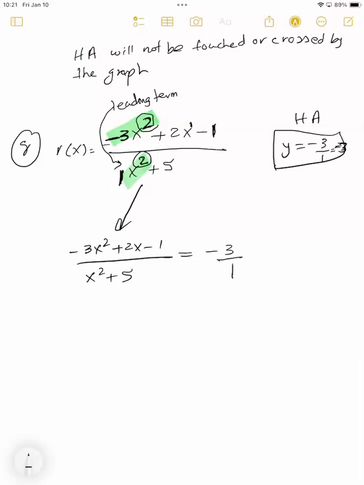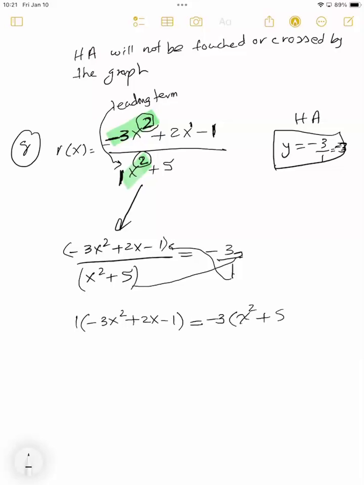To solve this equation, we multiply 1 by the top of the left-hand side, and we multiply the bottom of the left-hand side by the top of the right-hand side. 1 times negative 3x to the power 2 plus 2x minus 1. We multiply negative 3 by the bottom of the left-hand side. This way we don't have any denominators.